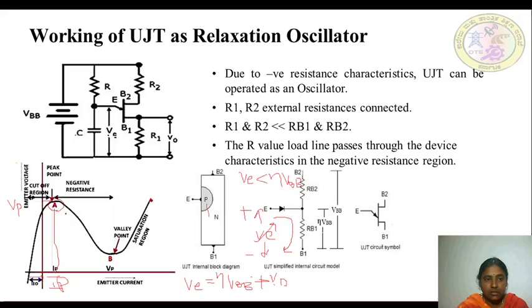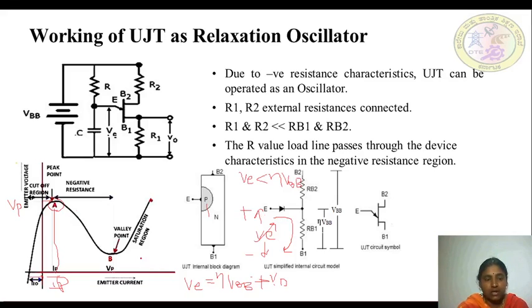At this point, the emitter will start injecting holes into this lower base region B1. Because of the increased number of carriers, the base resistance RB1 will decrease. So due to this, emitter voltage will reduce and emitter current will increase.